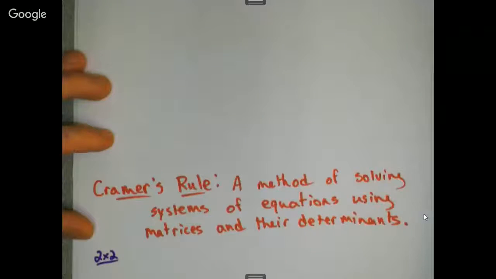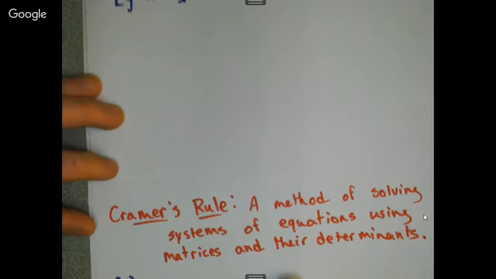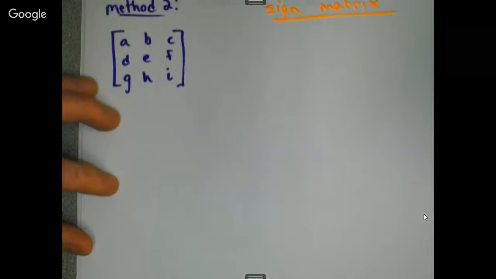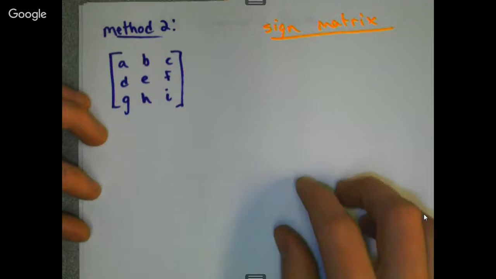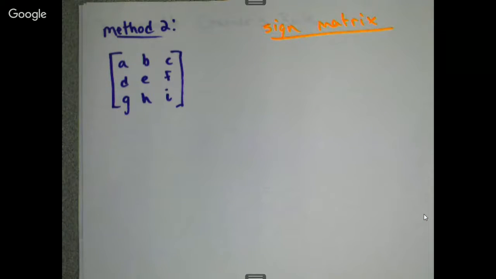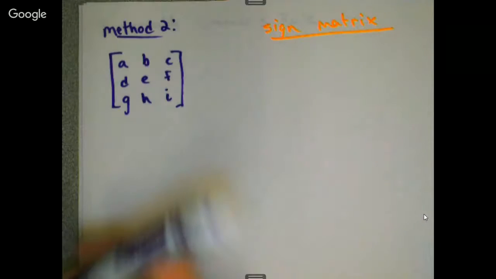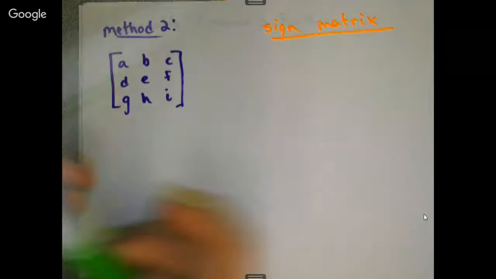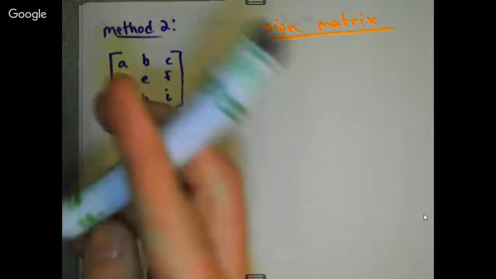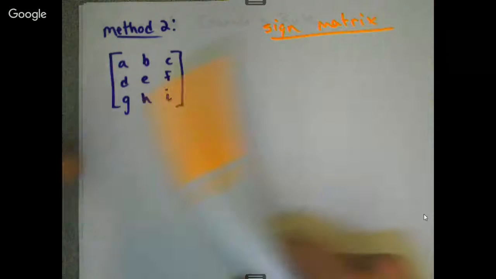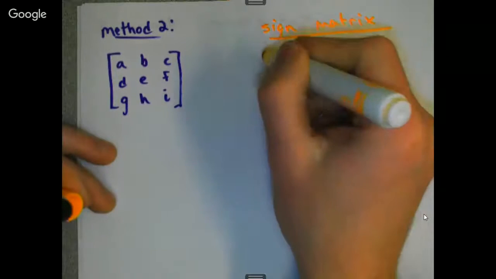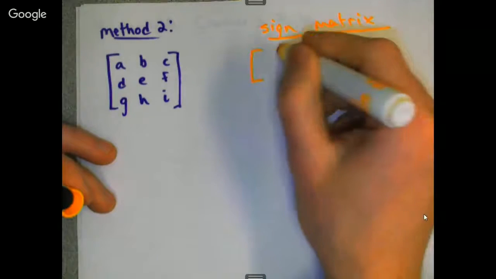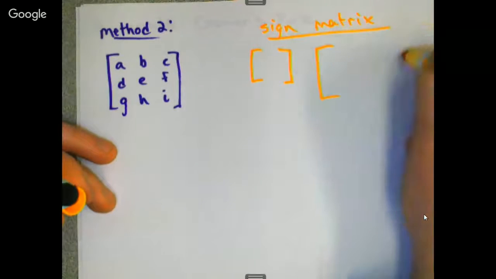So let's look at method 2. Now, method 2 is described in the book, and it can be a quicker way sometimes. The first thing we need to talk about is sign matrices. The sign matrix is just the signs of any square matrix.